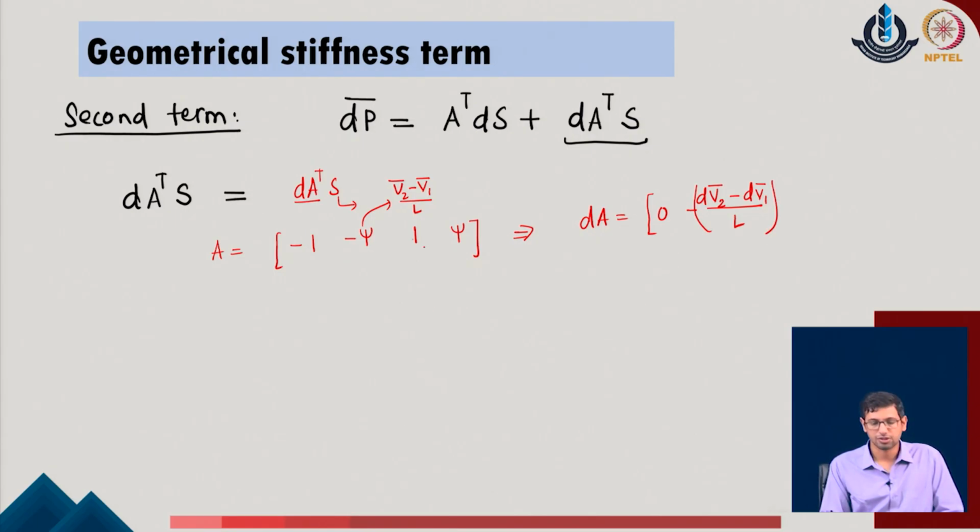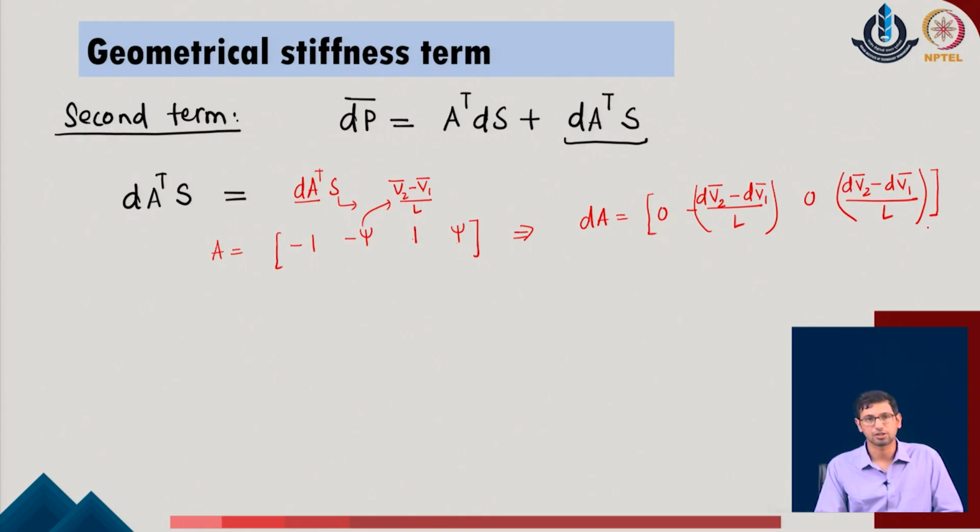The third parameter is again 1, a constant value, so no variation in that. The fourth value is again phi, and again I get d V2 bar minus d V1 bar upon L. So this becomes the standard d of A, the change in the A vector of the given system.